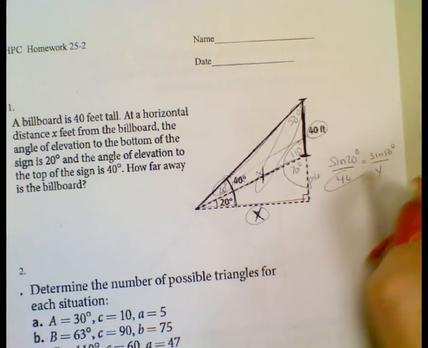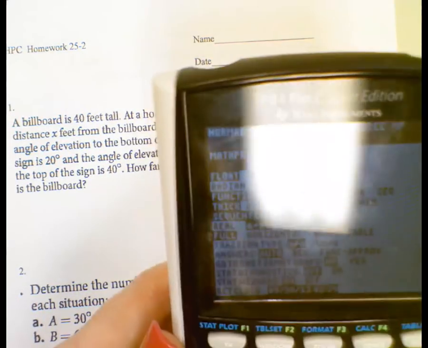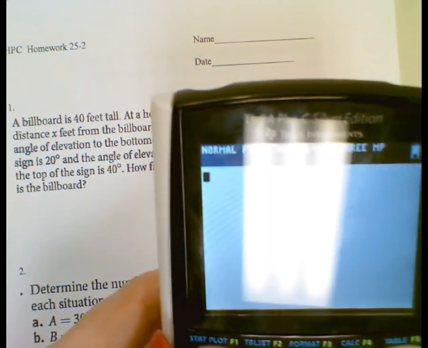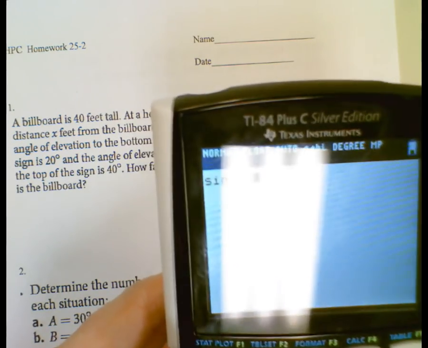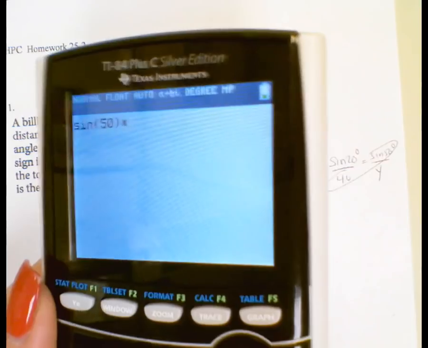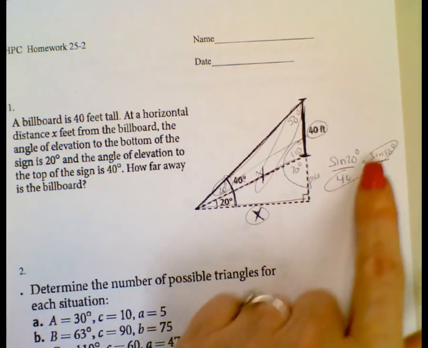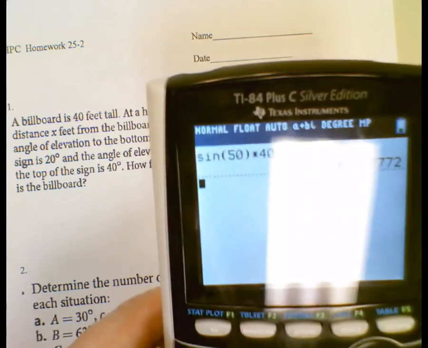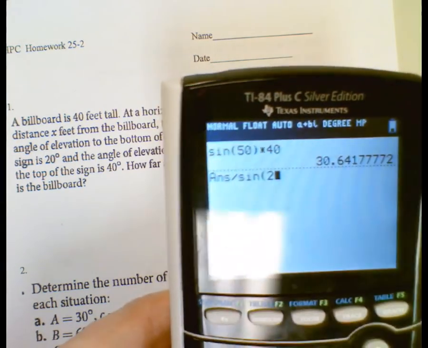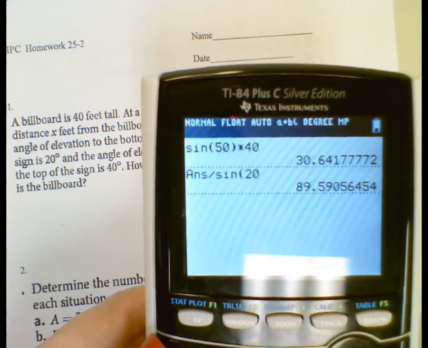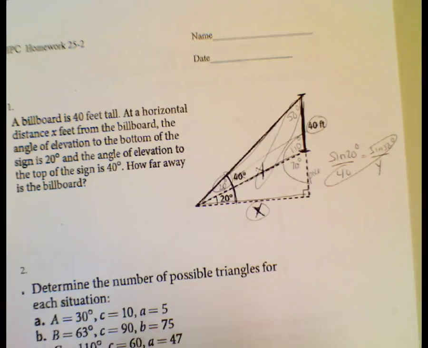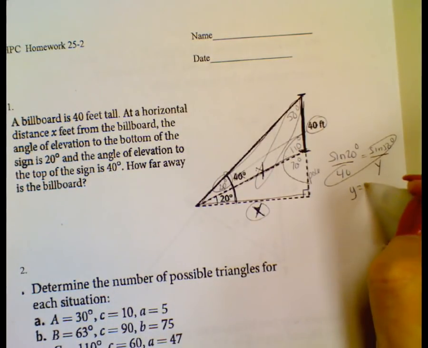So we cross multiply. We have sine 50 times 40 equals sine 50 times 40, divided by sine 20. So it's 89.6. So y is 89.6.